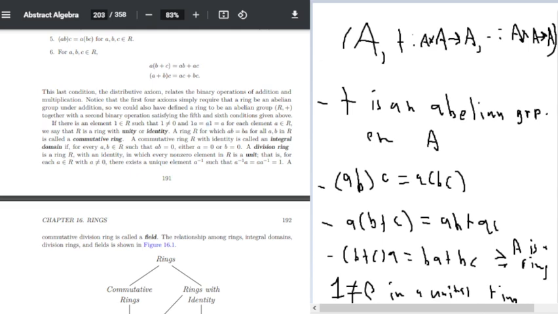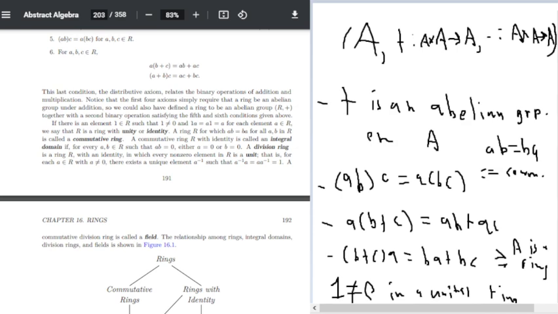A ring R for which ab is equal to ba for all a, b in R is called a commutative ring. So ab equals ba is described as commutative. I'll just write COMM to imply commutativity.